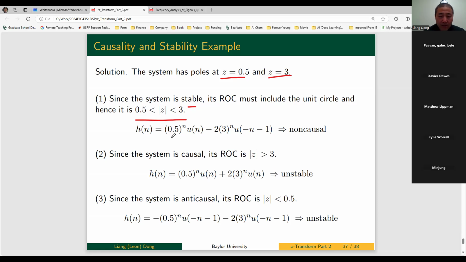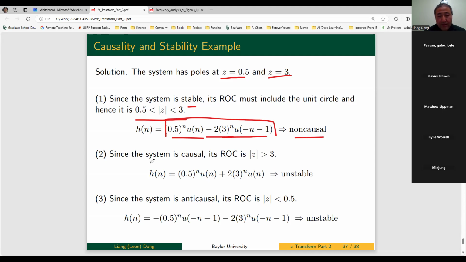So two different parts. The first part is causal, the exterior of the circle of radius 0.5. The second part is anti-causal, that is the interior of the circle of radius 3. So I have generated this. This is my result for a stable system, because I want to make sure the region of convergence contains the unit circle, but it's non-causal.